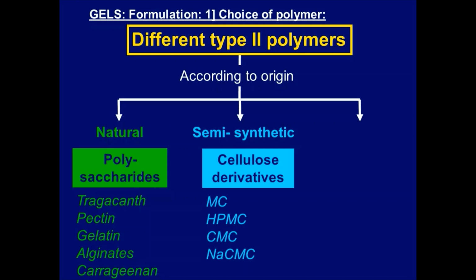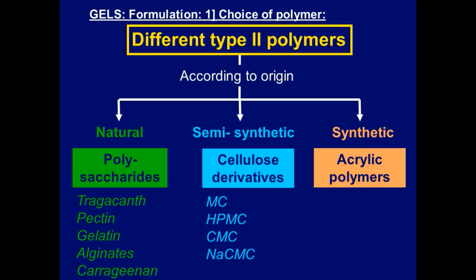These are cellulose derivatives, and they are semi-synthetic type 2 polymers. Finally, type 2 polymers may be of synthetic origin, and we call them acrylic polymers, for example, polyacrylic acid. Let's briefly discuss each type of these polymers.